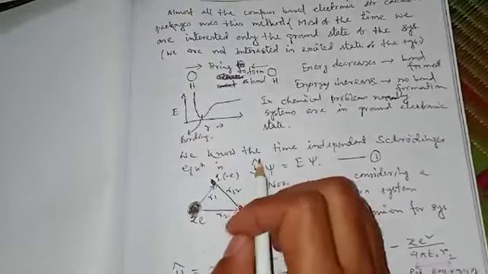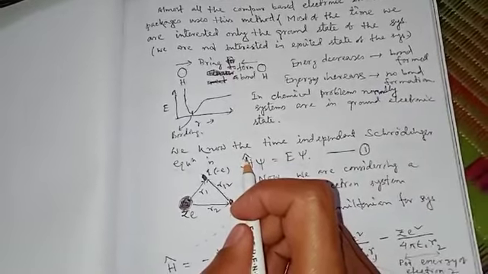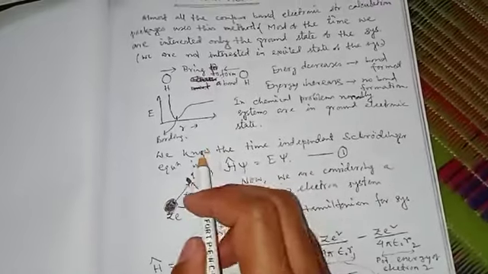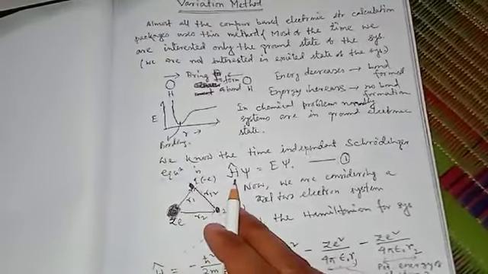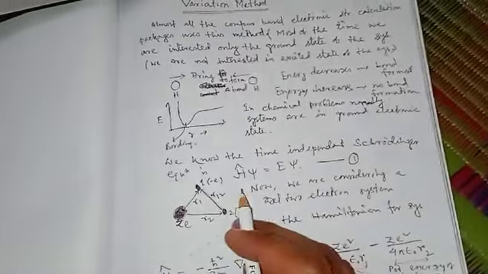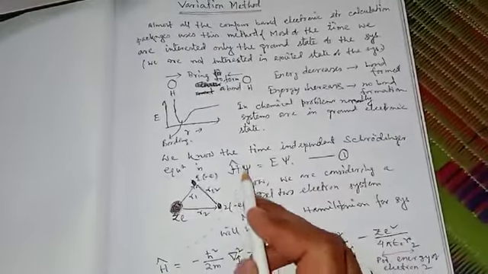Basically, in chemical systems we mostly deal with the ground electronic state. So we want to know the time independent Schrodinger equation of a system. Then we have to operate: H psi equals E psi, where H is the Hamiltonian, which is time independent.